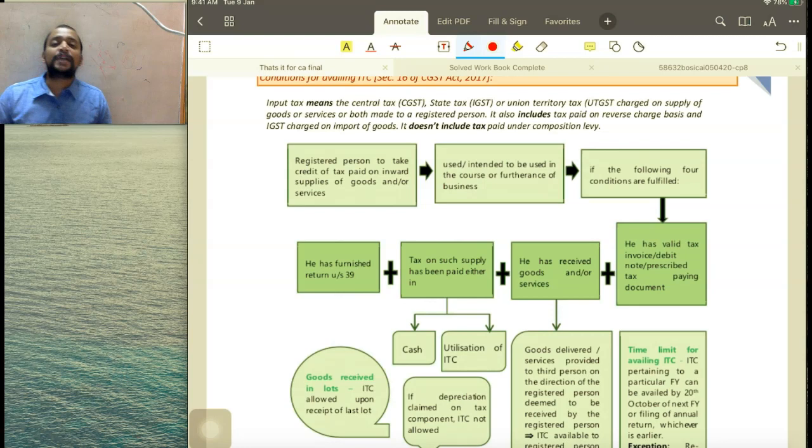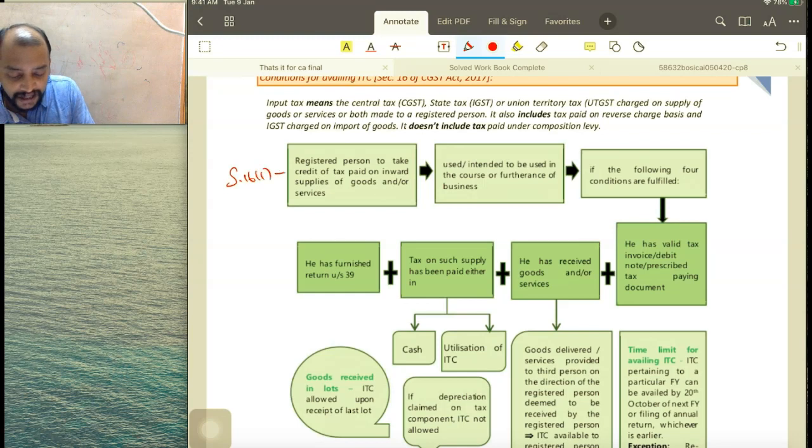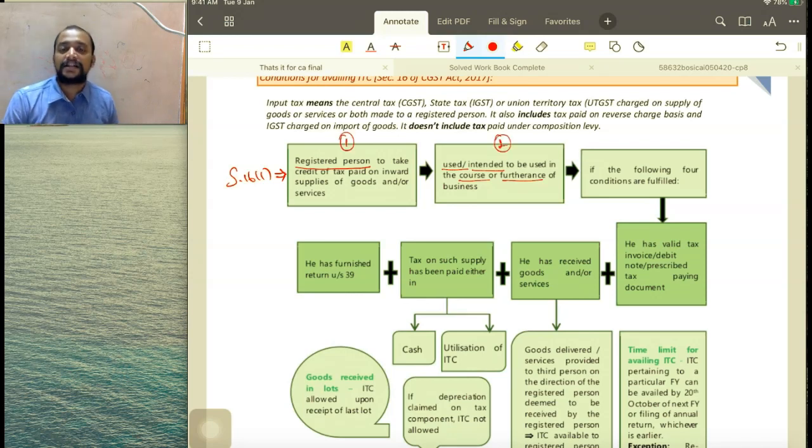Now there are 2 basic conditions as per section 16 subsection 1. What are those 2 basic conditions? Condition number 1, only a registered person can avail ITC.